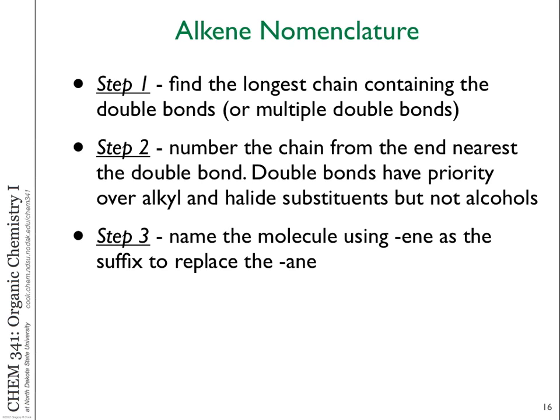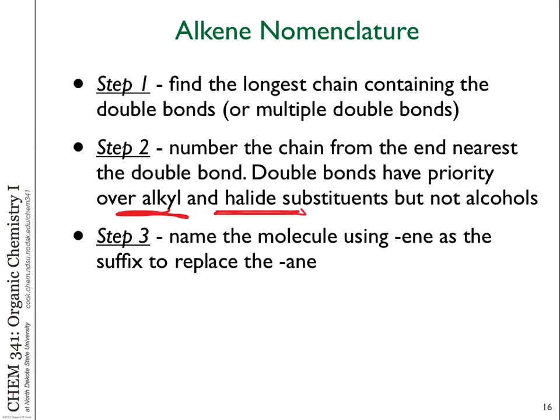Then you number the chain nearest the end of the double bond. Even if you have halogens, halides, or alkyl substituents, so if you have methyl groups or chlorines, fluorines, something like that, closer to one end, you still need to give the double bond the preference. So you number on the end closest to the double bond first.